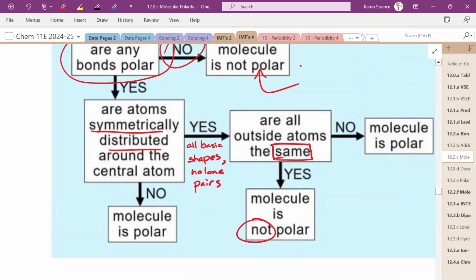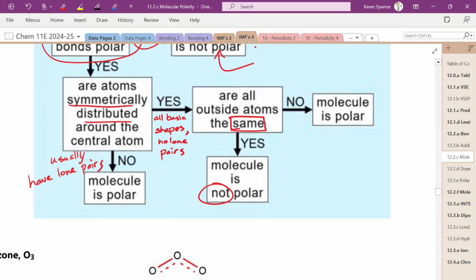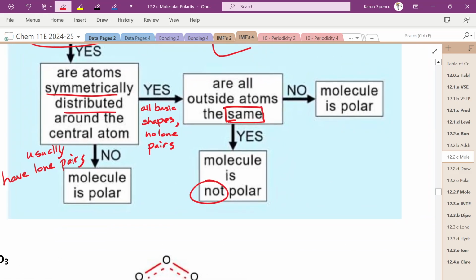And so they'll have different poles on the electrons. And obviously, if you have asymmetric distribution, this is usually when you have lone pairs, it's going to be a polar molecule. Okay? Not always, because there are some exceptions to that. Think about it.